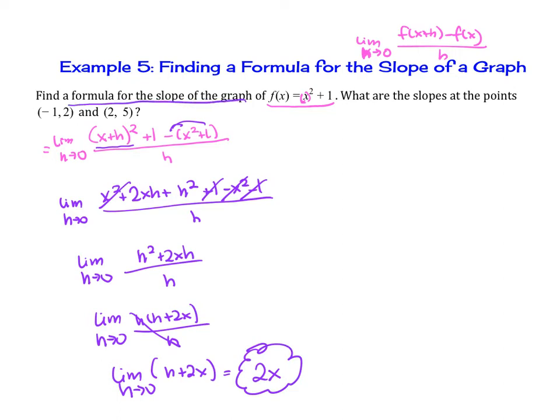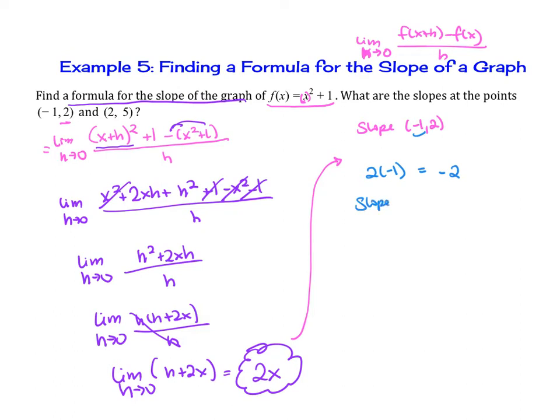Now we want to find the slopes at the points -1, 2, and 2, 5. All we need to do is plug this in. We're looking for the slope at the particular point -1, 2. So we're going to plug it in here. You're only plugging in, first of all, the x value. So this is 2 times -1. So the slope is -2.